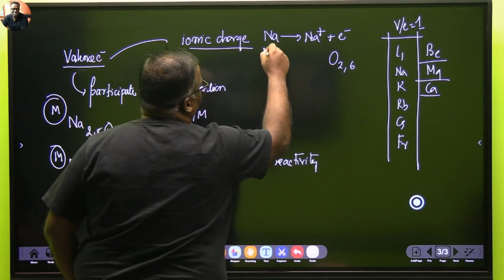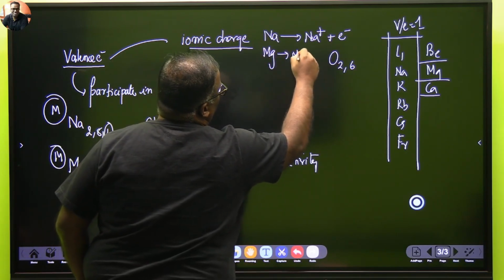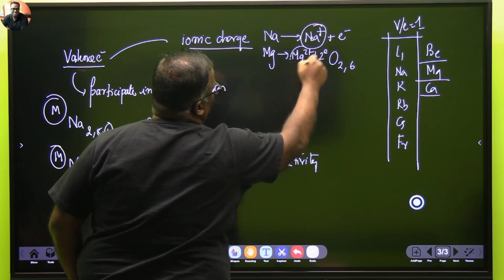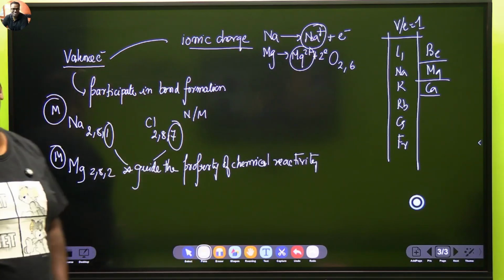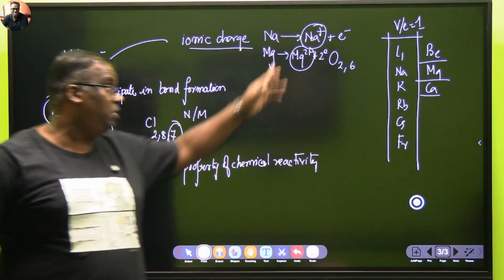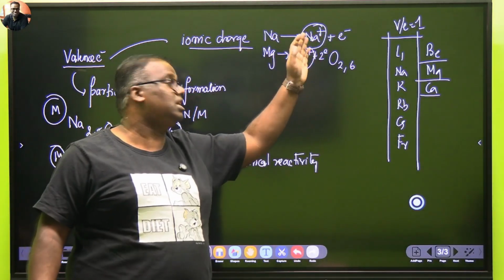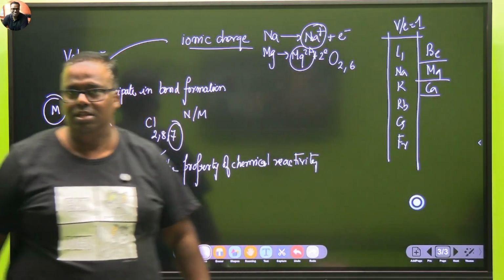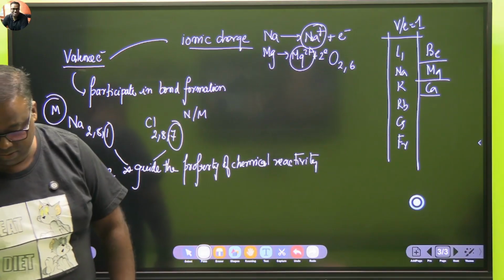Whereas magnesium will try to lose 2 electrons and become magnesium 2 plus. So the ionic charge on sodium is plus 1. The ionic charge on magnesium is plus 2. Which is a more reactive species? The plus 1 is a more reactive species. क्योंकि इसका जल्दी जल्दी हो जाएगा. It's desperate, absolutely. Very reactive. Is this thing clear? Okay.